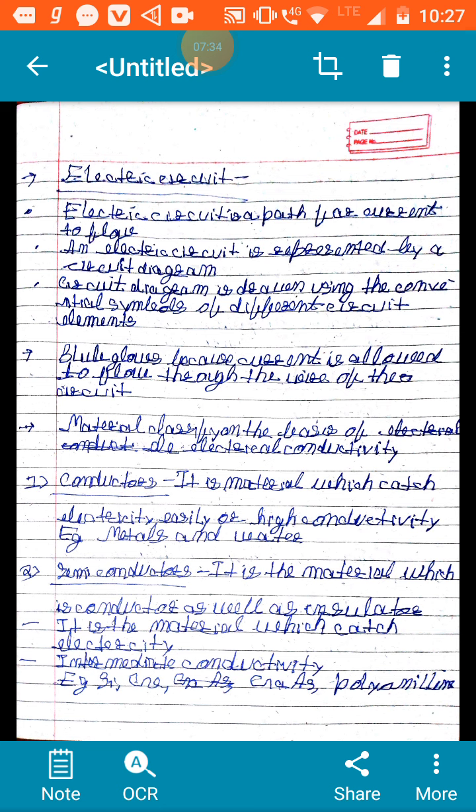Semiconductor: it is a material which is a conductor as well as an insulator.